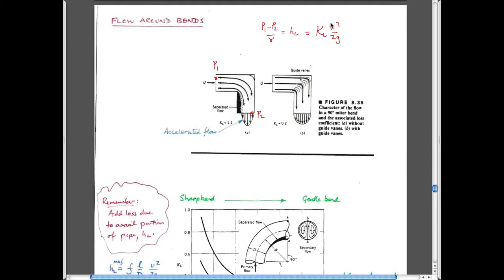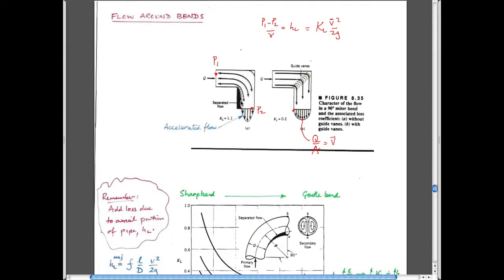Typically this is the average velocity in some respects, right? So you get a volumetric flow rate out of here. You divide that volumetric flow rate by a cross-sectional area, and you come up with some average velocity. Clearly the velocity in the center of the pipe is probably larger than the velocity at the edge, but we don't care about that. We're looking at overall flows in pipes.